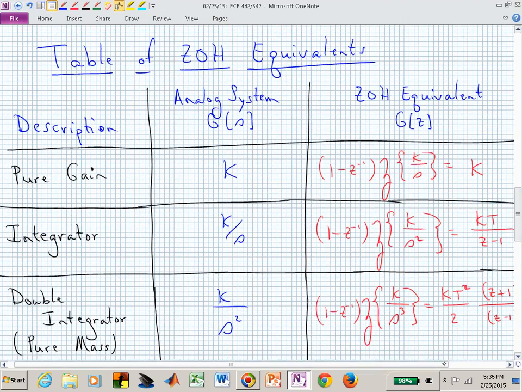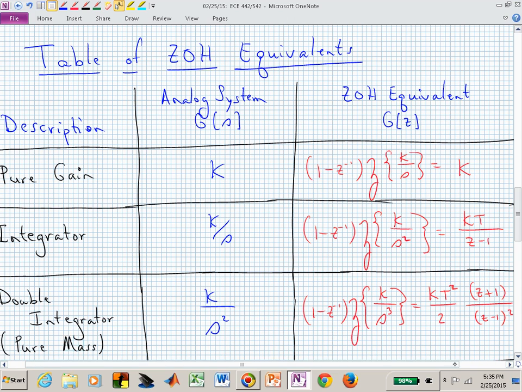We looked at a double integrator, or you could think of our pure mass example. That gave us 2 poles at z equal to 1, and it actually gave us a 0 at z equal to minus 1, with the gain K appearing in the numerator and T squared, our sampling period, coming in the numerator.